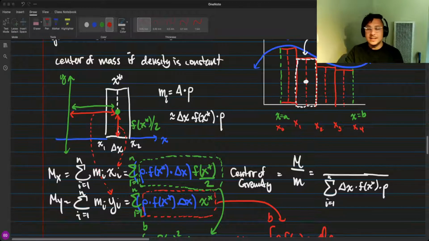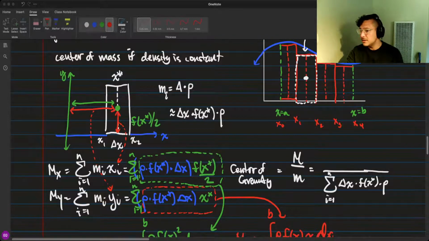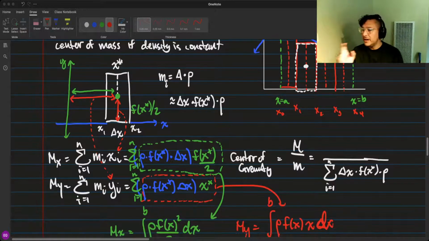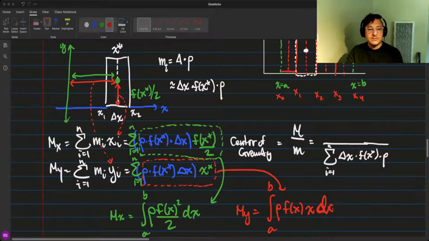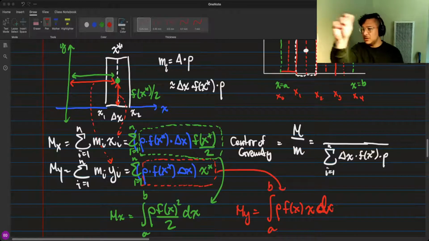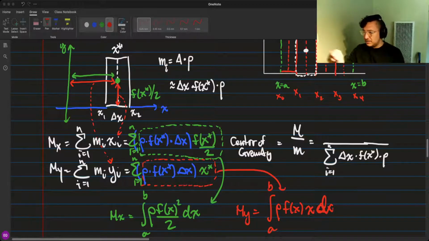You will realize that the x moment and the y moment give you these formulas. Once you have a formula for one of the rectangles, you can sum that formula, and then take the limit and you get the integral. So once you understand how the x moment and the y moment for that rectangle give you these two things, which have the little dashed boxes around them, that will really help.